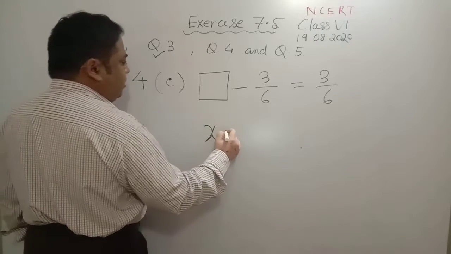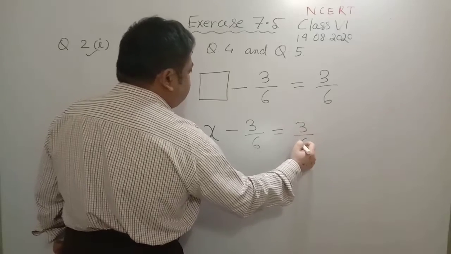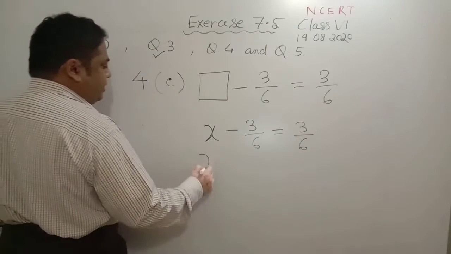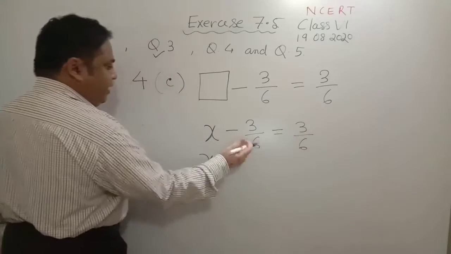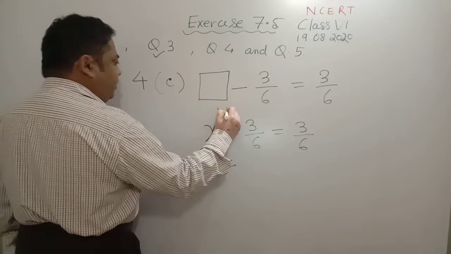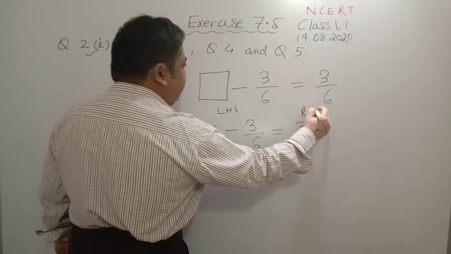x minus 3 by 6 is equal to 3 by 6. So x will be equal to, LHS will go to RHS. This is the left hand side, these are the right hand side terms.